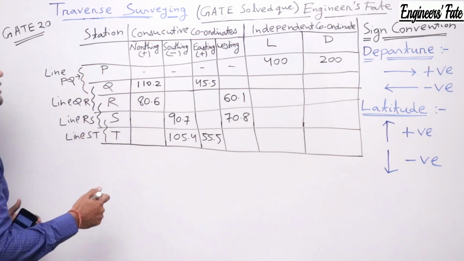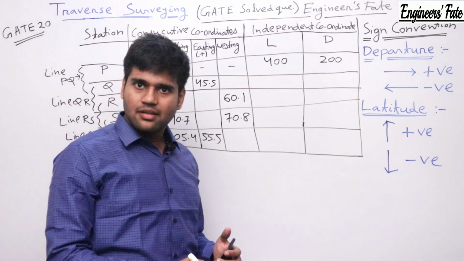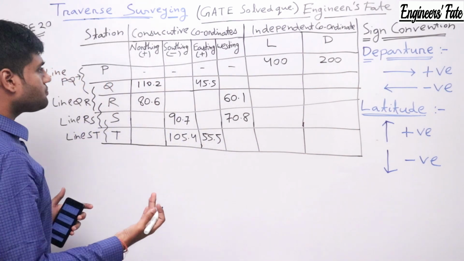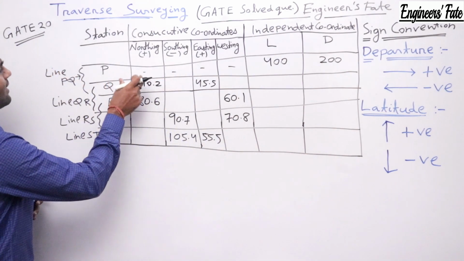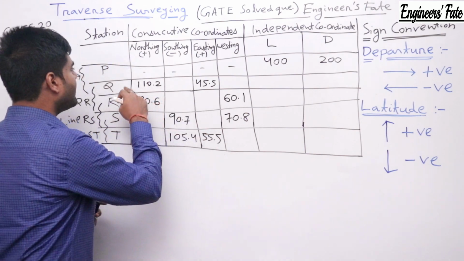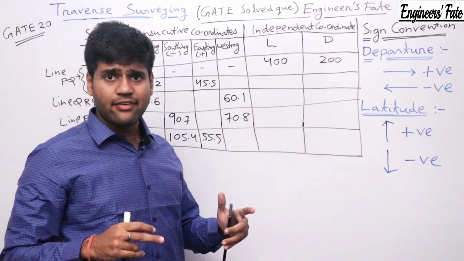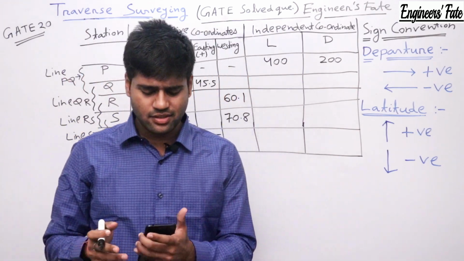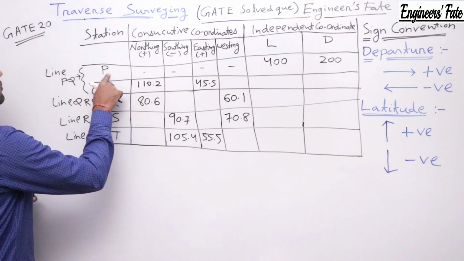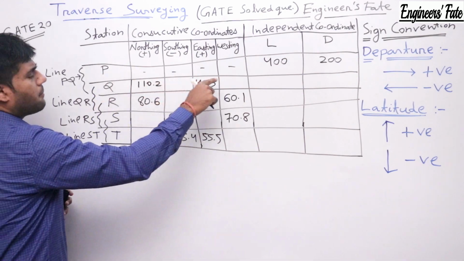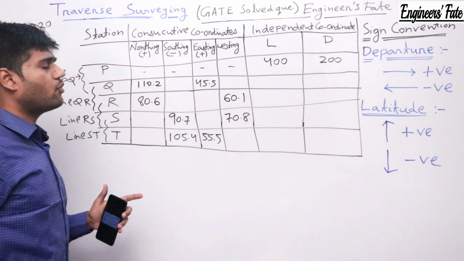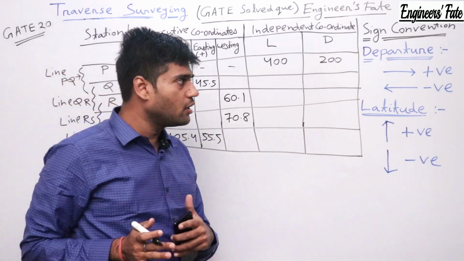You can see in the question he has written in the form of line, but I have to modify that in terms of stations so that I can find the independent coordinate values for different stations. So let's find that. For station P, independent coordinates are given, 400, 200. Now what will be the concept we will use?